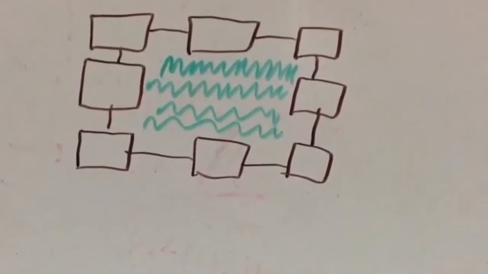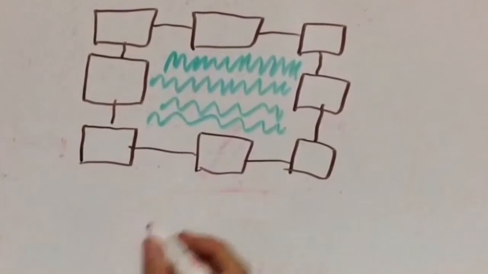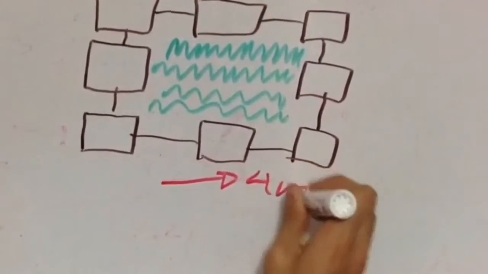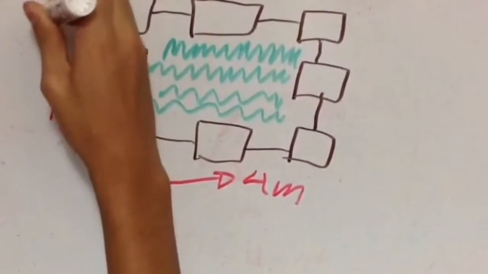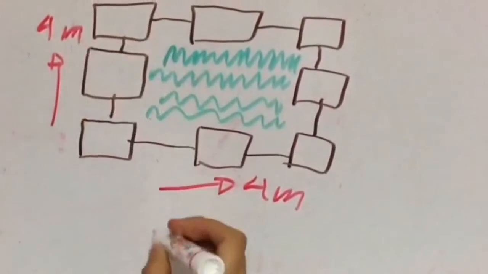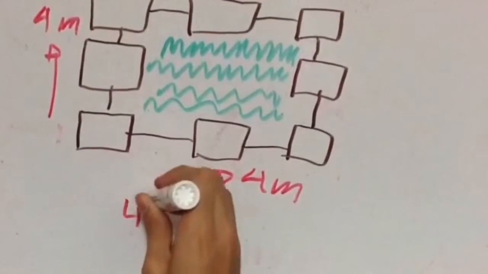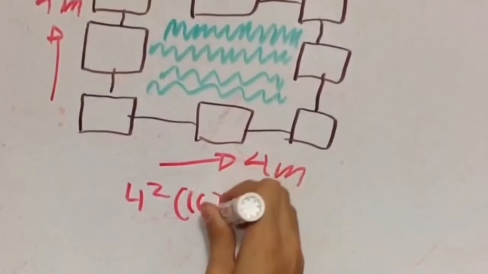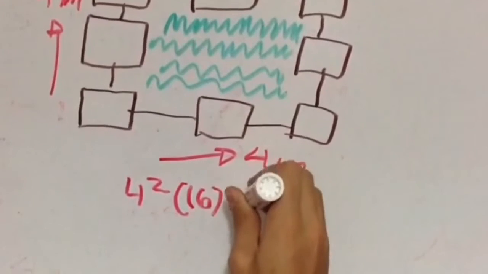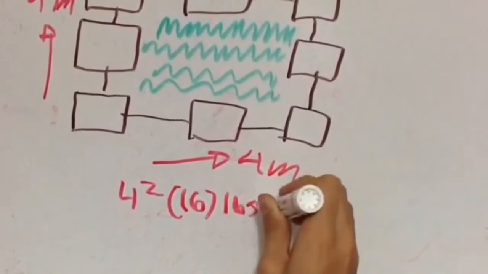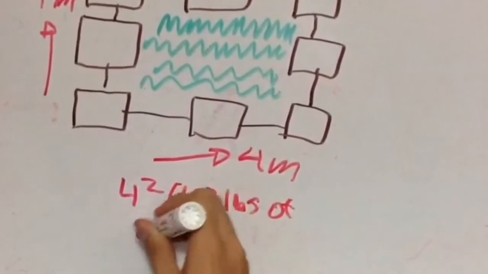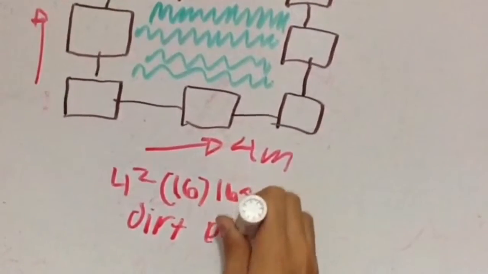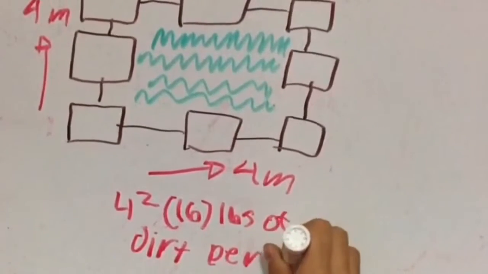For example, if you have a garden that is 4 by 4 meters, and you need 16, or 4 squared, pounds of dirt per square meter, what can you do? First, you obviously need to find the area, which you would do by multiplying 4 by 4.